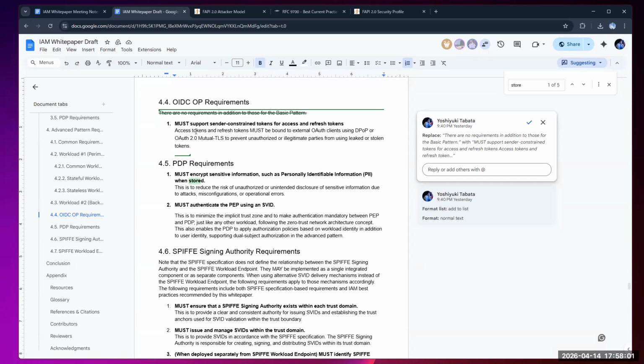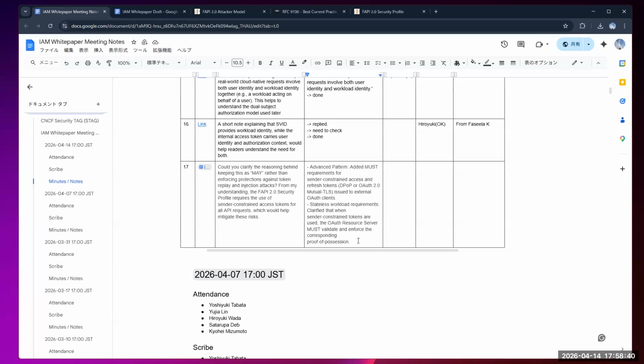But one big reason to support sender constraint is that it's described in RFC 9700 currently. So I want to check the RFC again. Okay, so I keep this one as needing a check.